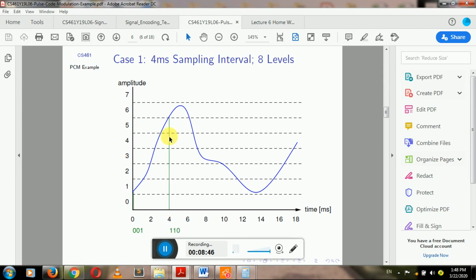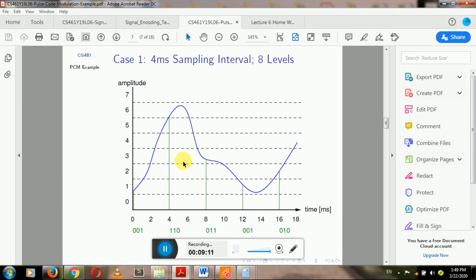Then we find the corresponding PAM value, or amplitude value, for this magnitude value of the data. It falls into 6, so we change that 6 into binary 110. Then we continue like that, 8 milliseconds.